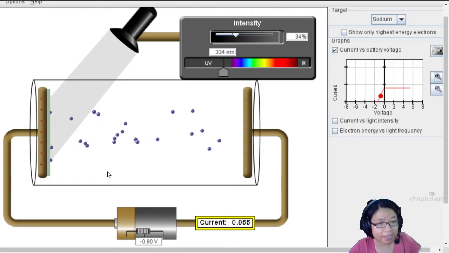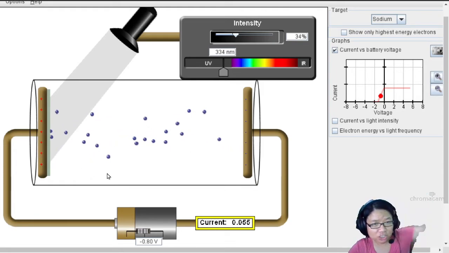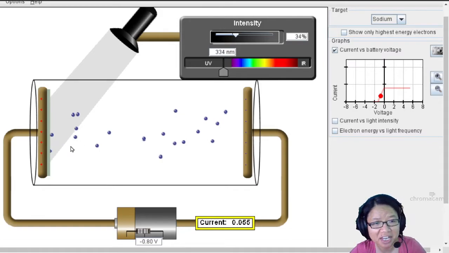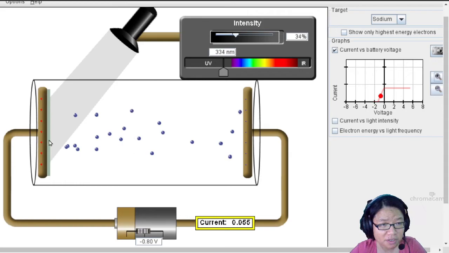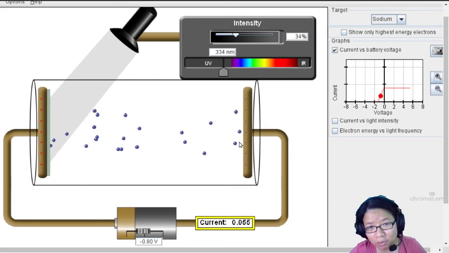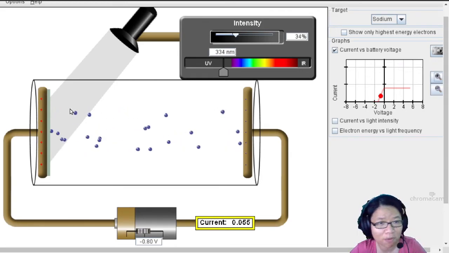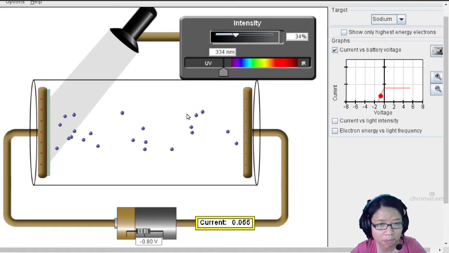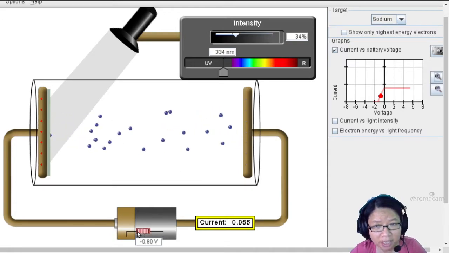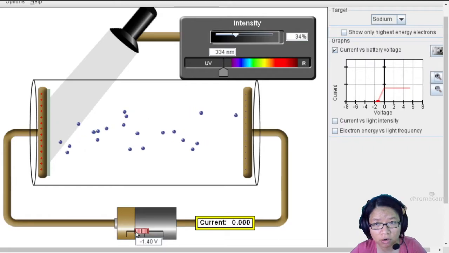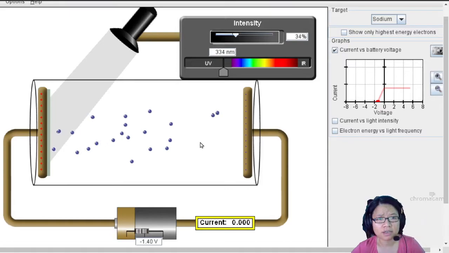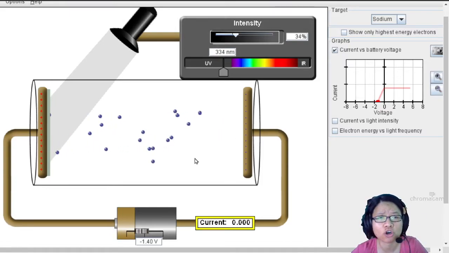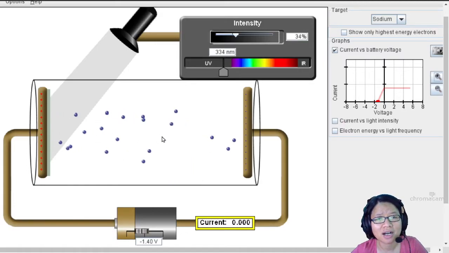It's a bit like jumping. You want to jump up a potential gradient, but you don't have enough kinetic energy. So if I make this terminal more and more positive, and the opposing terminal more and more negative, you see this one almost reached, but then falls back down. So sad. If I make this more and more negative, eventually the current will drop to 0. Even the fastest, most energetic electron cannot arrive.